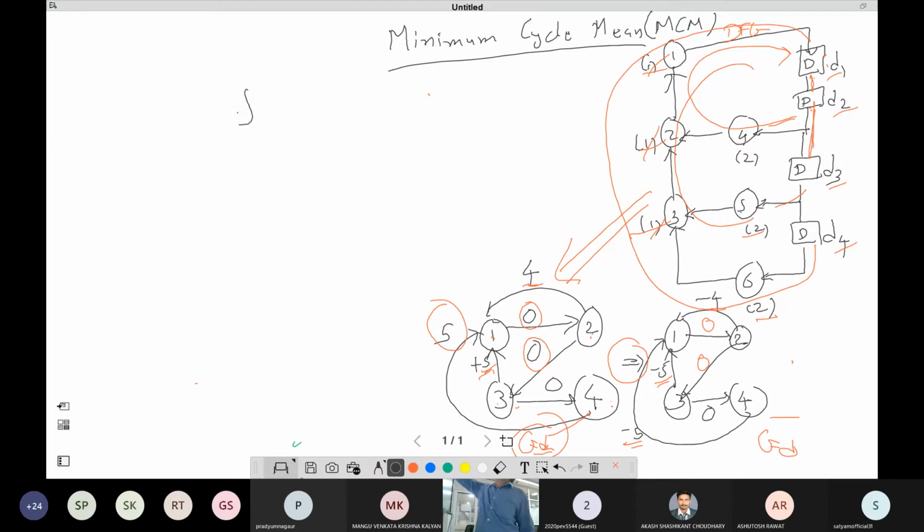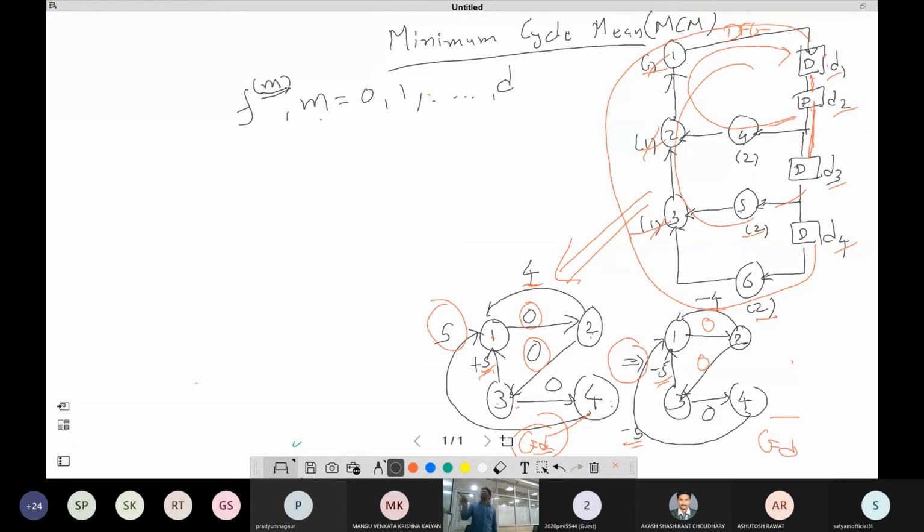You need to construct f of m matrices, or you can consider the f of m vector, and this m starts from 0 and goes up to d. So you need to construct the fm vector where m is 0, 1, 2, up to d.